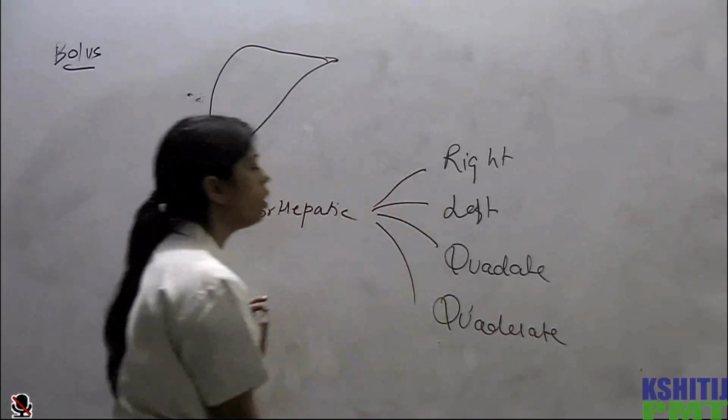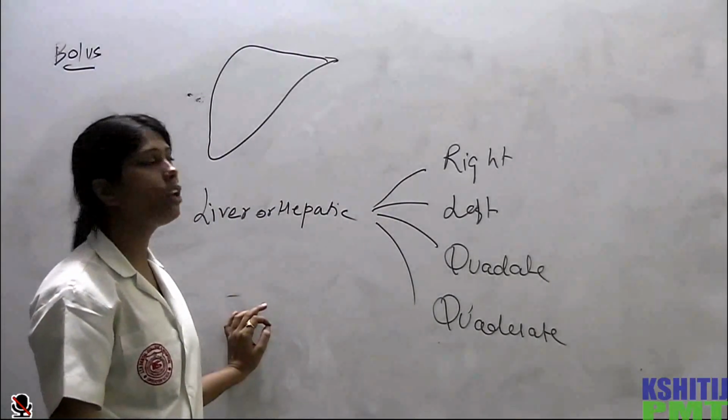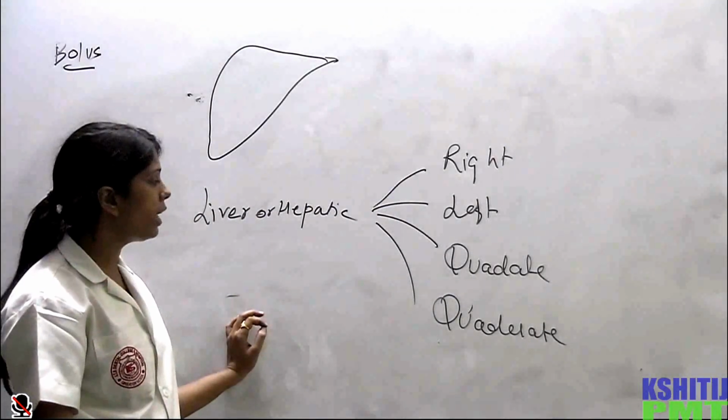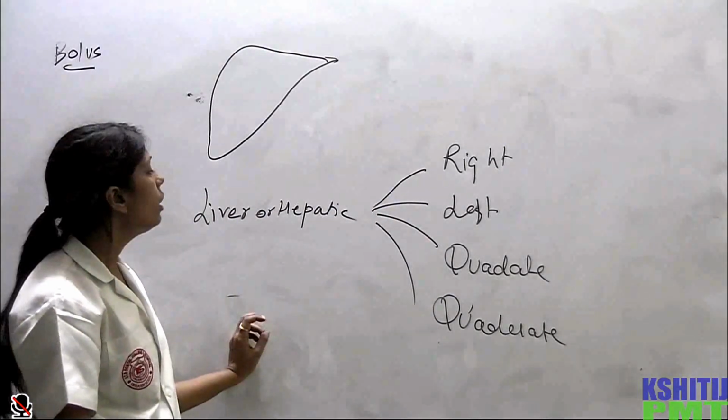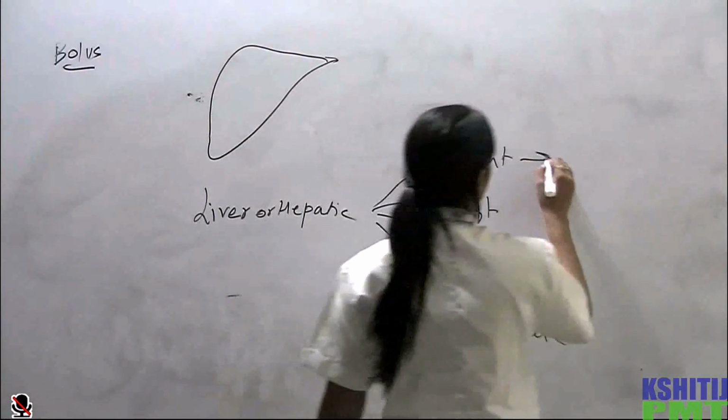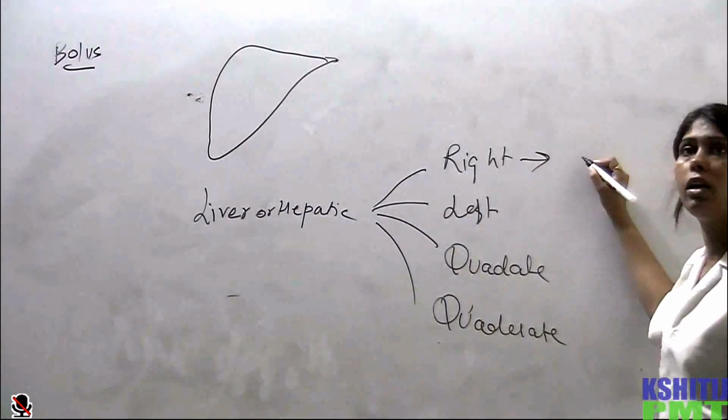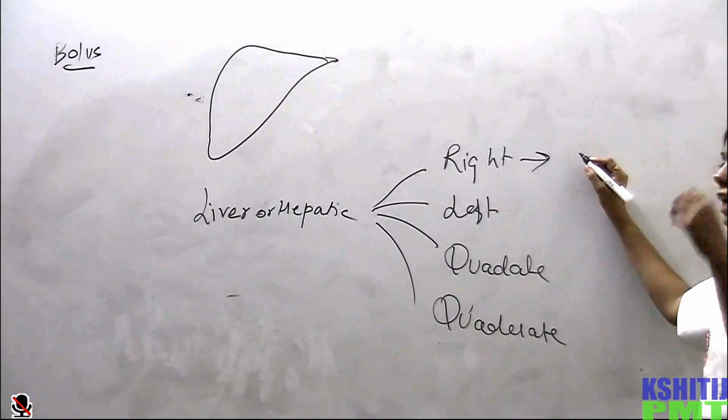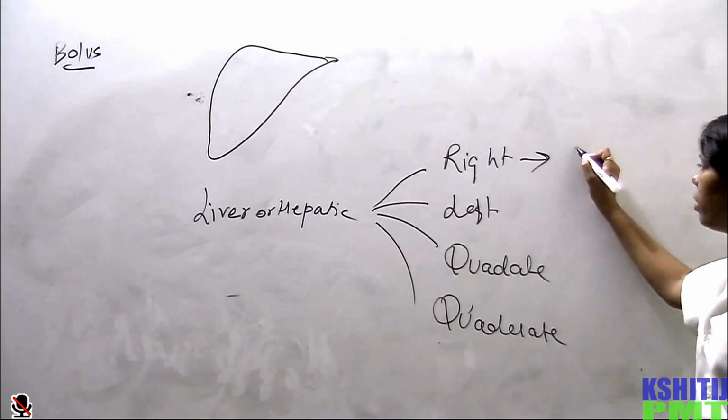So these are the four lobes of the liver. Now the gallbladder is associated with the right part of the liver.